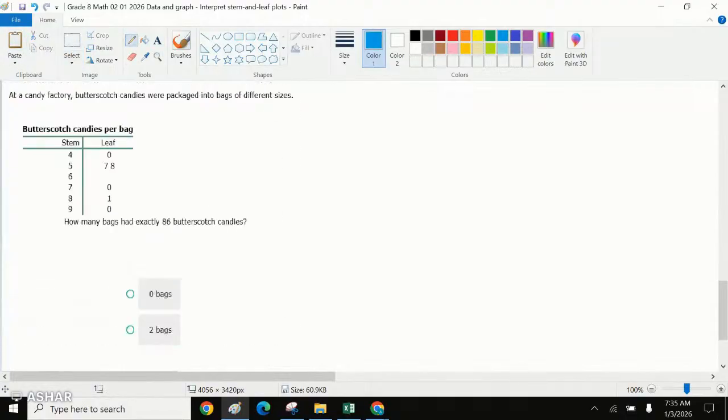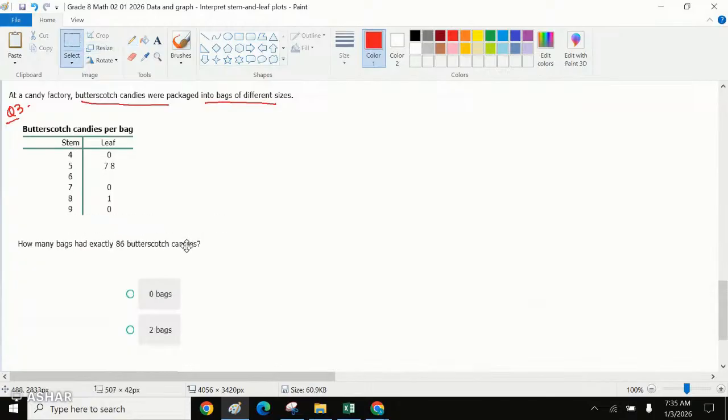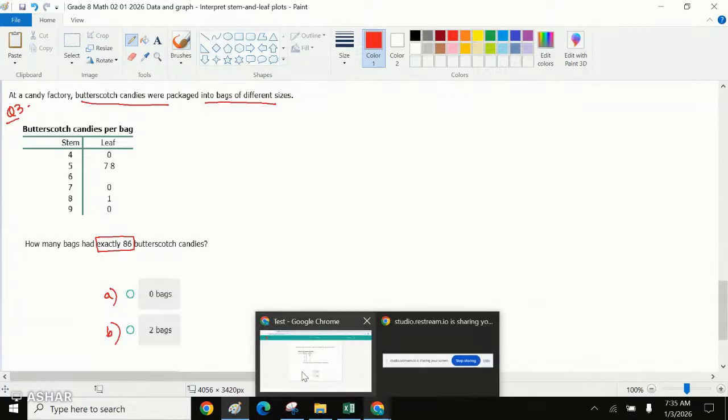The question number 3 says, in a candy factory, butterscotch candies were packed into bags of different sizes, right? How many bags had 86 candies in it? Exactly 86. Option number A, option number B. Can you give me the answer, please? I'll wait for you.